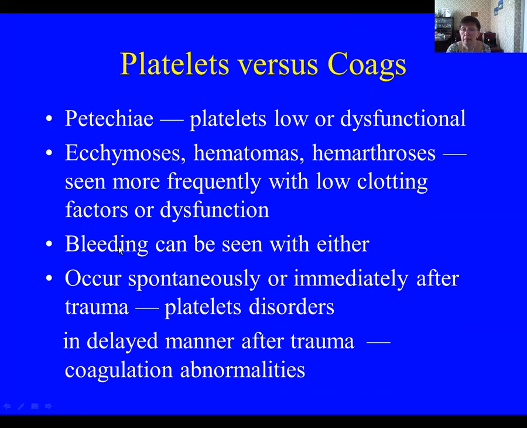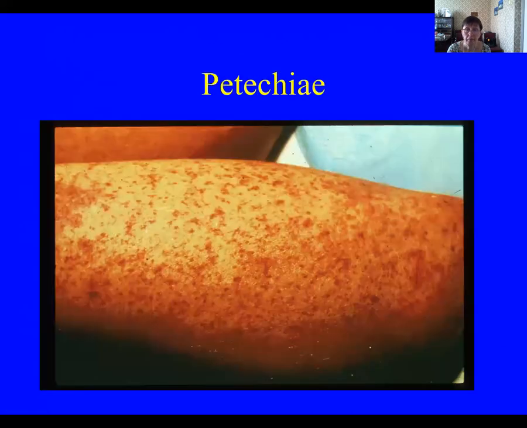Then bleeding can be seen in either variant. And if something occurs spontaneously or immediately after trauma, mostly it may be a problem with platelets. If in a delayed manner after trauma, it is more likely coagulation abnormalities.